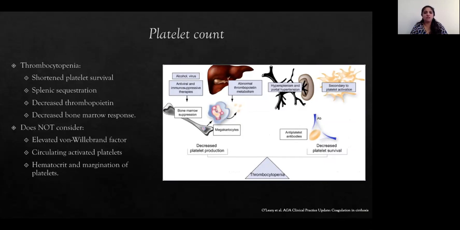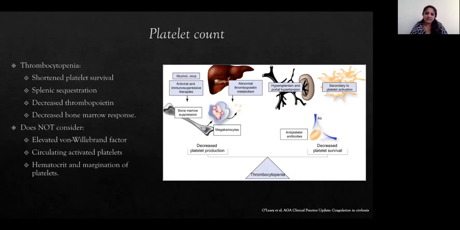It can be because there's low thrombopoietin and you're just not making enough platelets, and your bone marrow response is lower. And then there are medicines that you add to it, like you could have HIT from using heparin. So there's a multitude of factors that affect platelets in liver disease, not just portal hypertension.